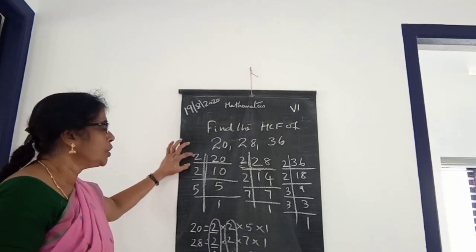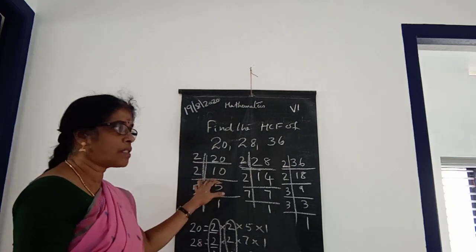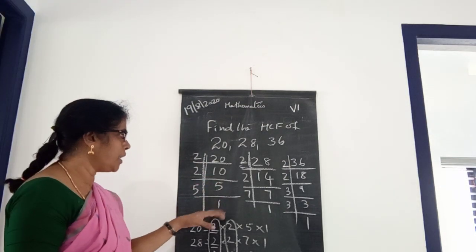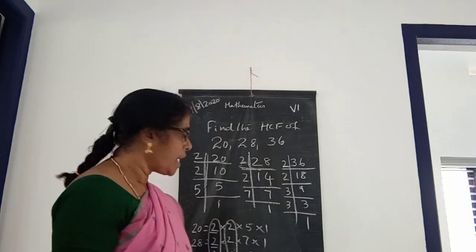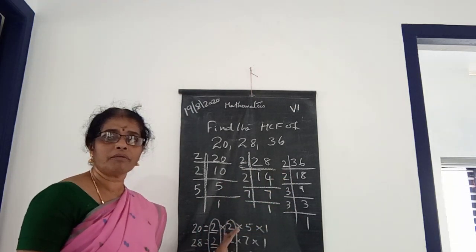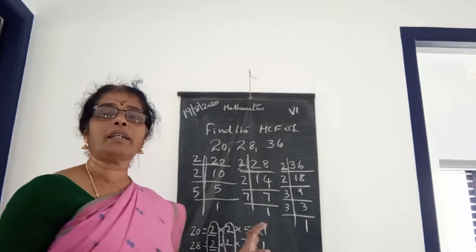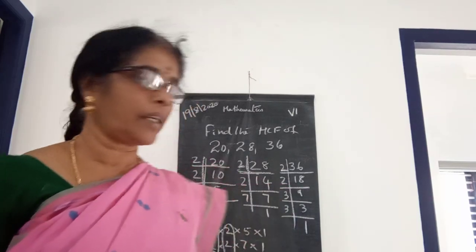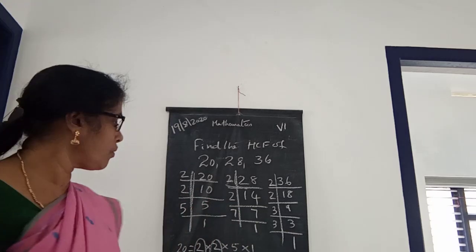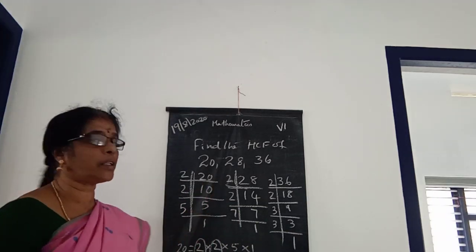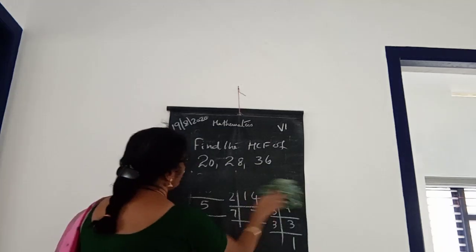Here, 20 is an even number, so 2 goes 10 times, again 2, 5 times 5, and here also 2, 2, 7, 1, and 2, 2, 3, 3, 1. Got it? Then find out which are the common factors. Where 2 is coming, you can take it as a common factor. Then what is the highest common factor of 20, 28, 36? That is 4.